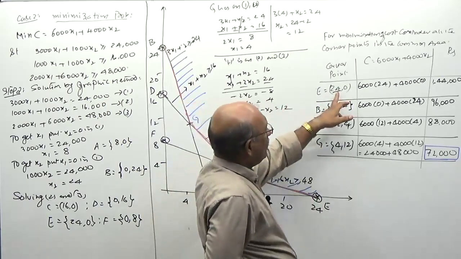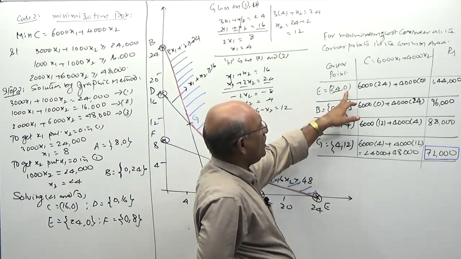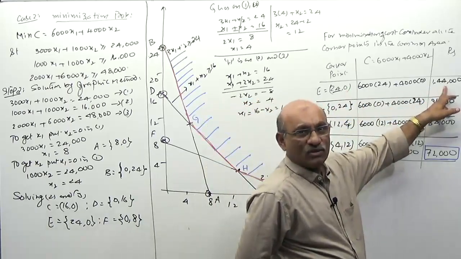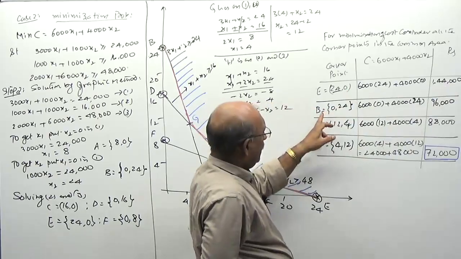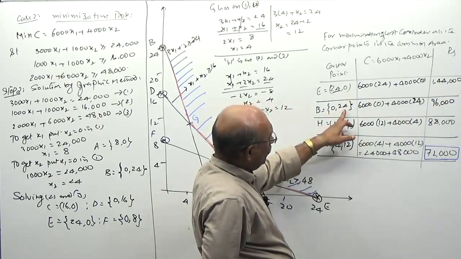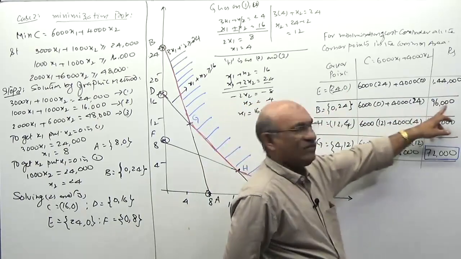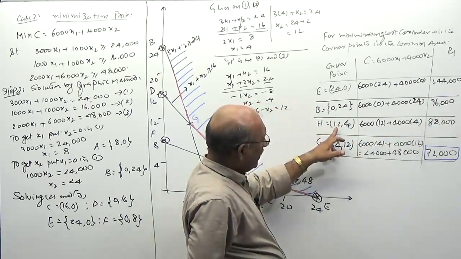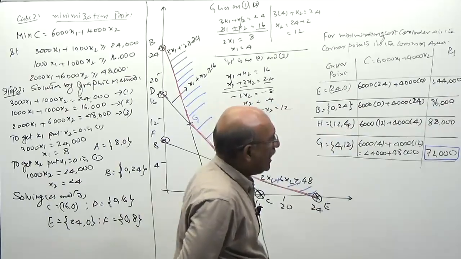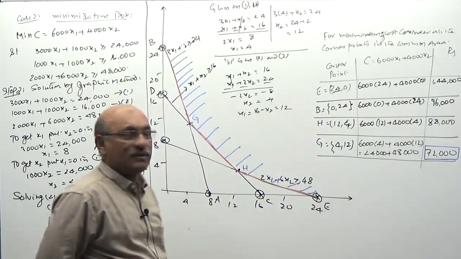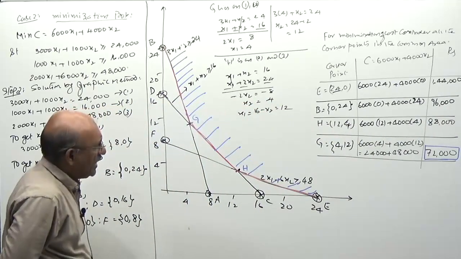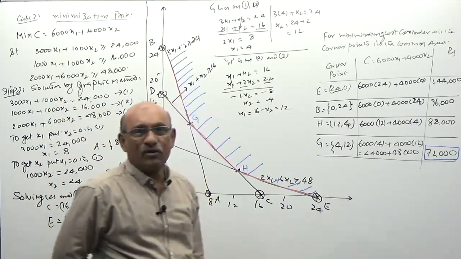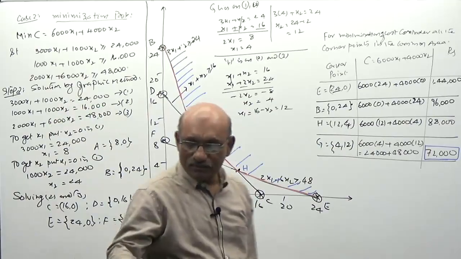When you run 24 days plant 1 and 0 days plant 2, the total cost is 1,44,000. When I run plant 2 for 24 days, 96,000 cost is coming. By running plant 1 for 12 days, plant 2 for 4 days, 88,000 cost is coming. Finally, by running plant 1 for 4 days, plant 2 for 12 days, 72,000 cost is coming.